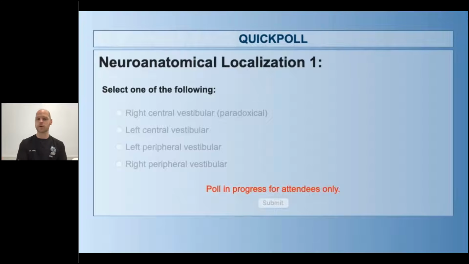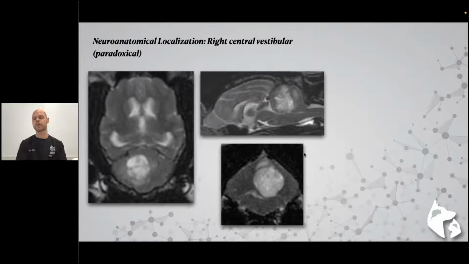We have the head tilt to one side and the proprioceptive deficits on the opposite side. So he was right central vestibular, but paradoxical. This was a young cat with a presumed cerebellar abscess. Good job.